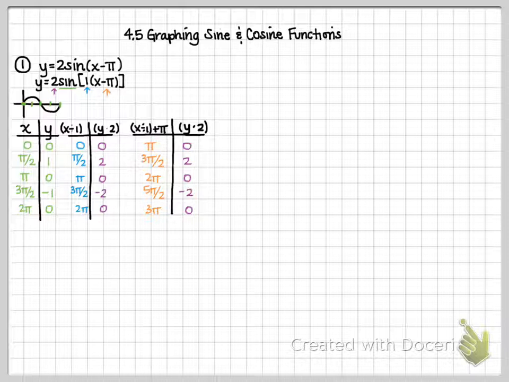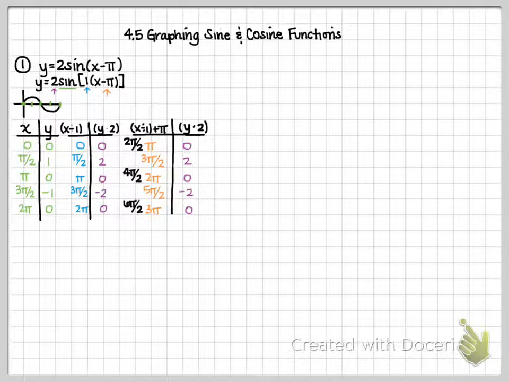If I rewrote pi so that it had a denominator of 2, this would be 2 pi over 2. 3 pi over 2 already has it. If I rewrote 2 pi, that would be 4 pi over 2. 5 pi over 2 already has it, and then 3 pi is going to be 6 pi over 2. I'm just rewriting them with the common denominator of 2.